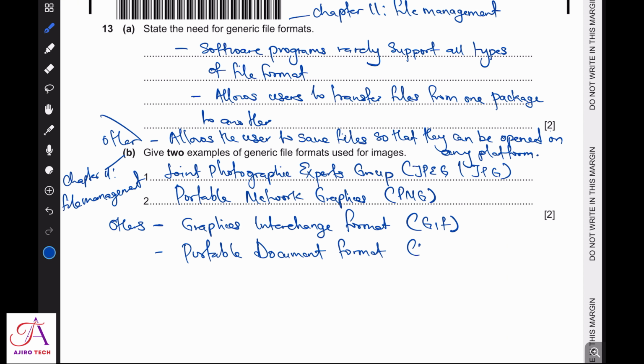If you're wondering what that is, that means PDF. So these are the four types for it.